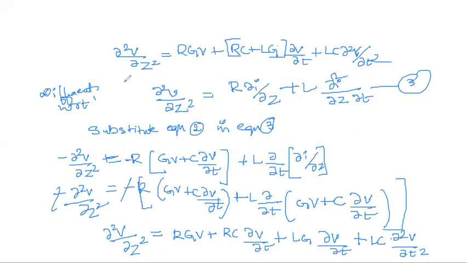Now this equation that you have is the equation of voltage, that is the transmission line equation in terms of voltage. Write down next to that: transmission line equation of voltage, or it is also called the wave motion equation.